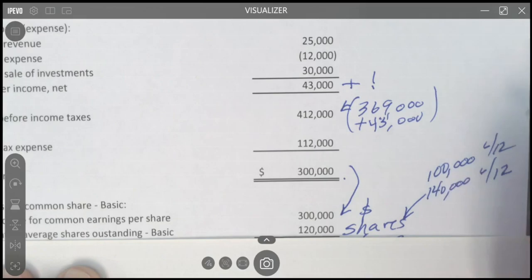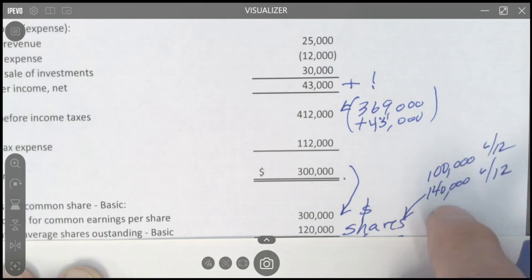Thus, for a weighted average calculation, we would multiply the 100,000 times 6 months divided by 12, and that's 50,000. And then the 140,000 that was outstanding for 6 of the 12 months, 140,000 times 6/12 is 140,000 times 1/2. That's 70,000.